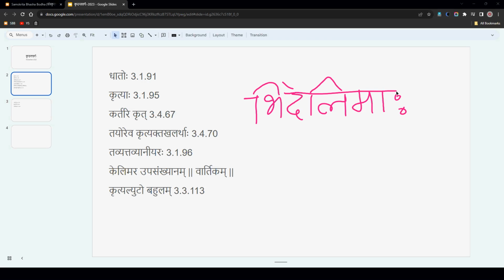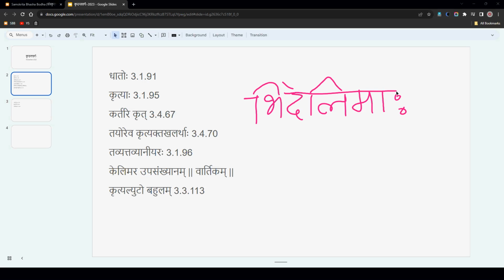If you use the non-technical word, kriya padam, it is a kriya padam, but it is not a tinganta padam. It is a kriyasuchaka subanta padam, and it is a visheshanam here. So bhidelimaha means something to be broken.